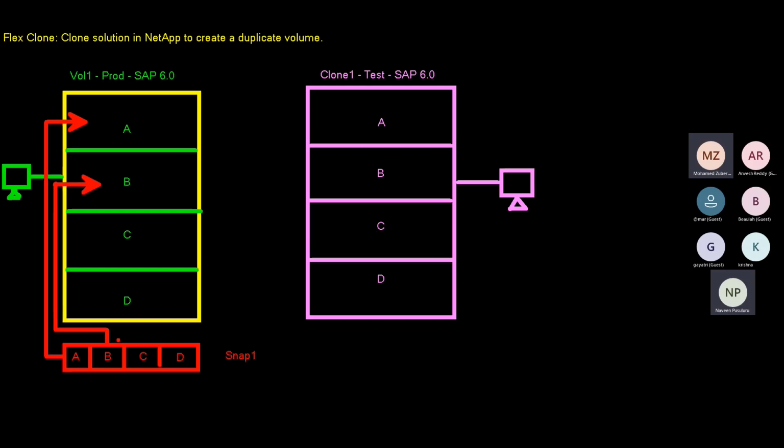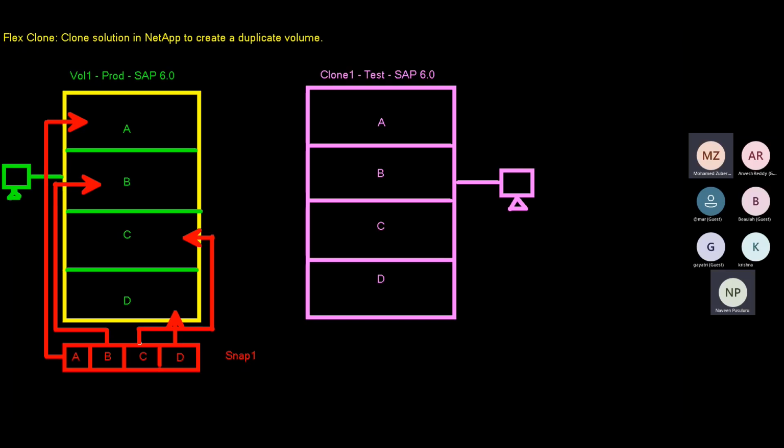Okay, and C will be having pointer towards C. Okay, like this. You know that, and we have created this clone with reference of this snapshot.